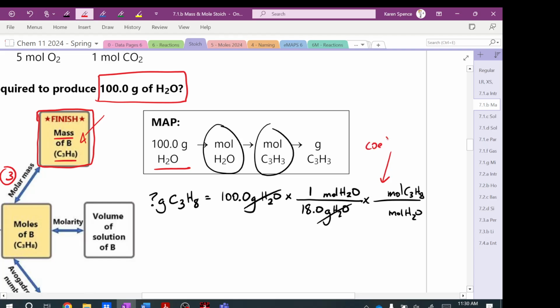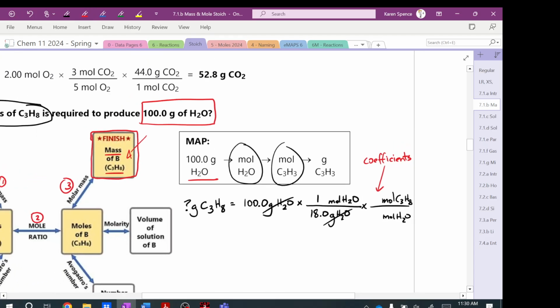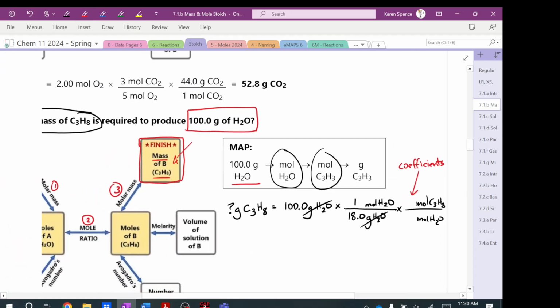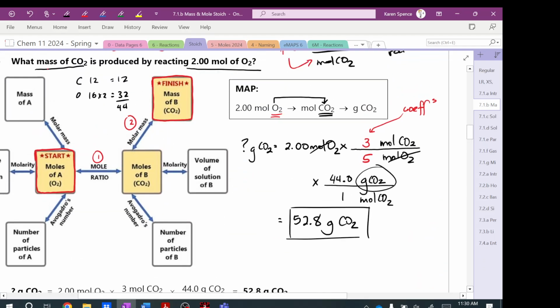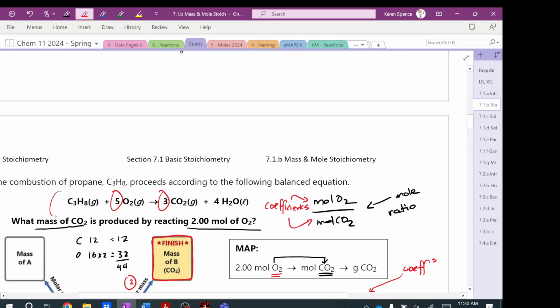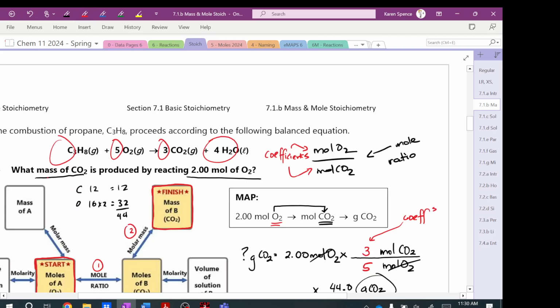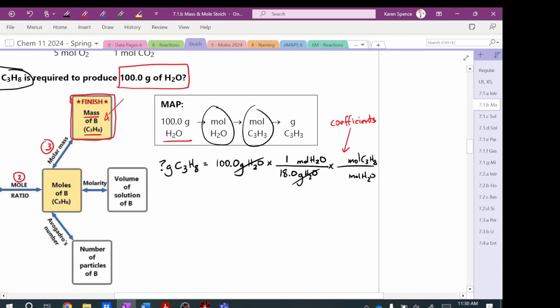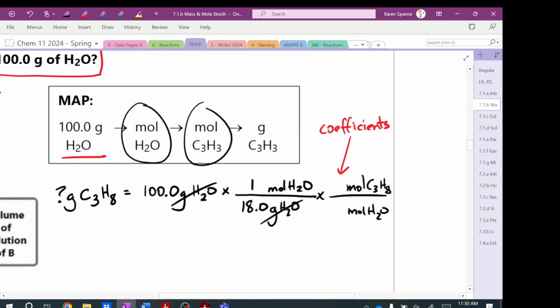The coefficients. So we go to our reaction. C3H8, there's no number, so that's a 1. And our water has a 4.